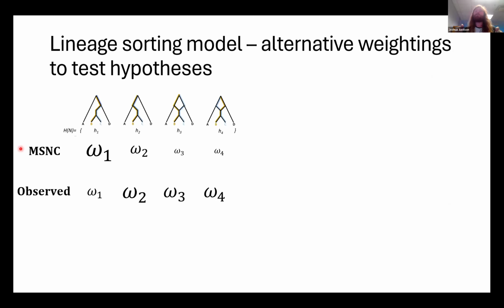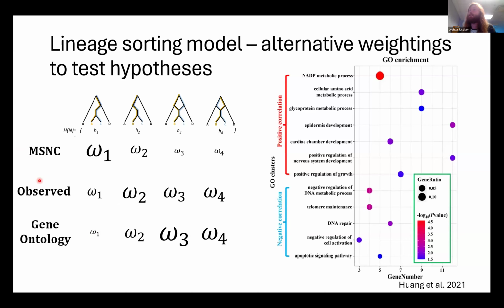And alternatively, we might be able to incorporate outside information. So for example, if we have gene ontology, maybe we're trying to measure, or maybe our trait of interest is something like tooth length or limb length. We might hypothesize that genes that are associated with carnivory might play a role in controlling this trait.